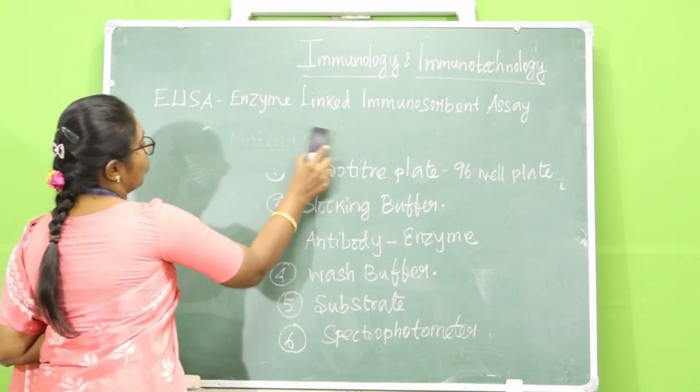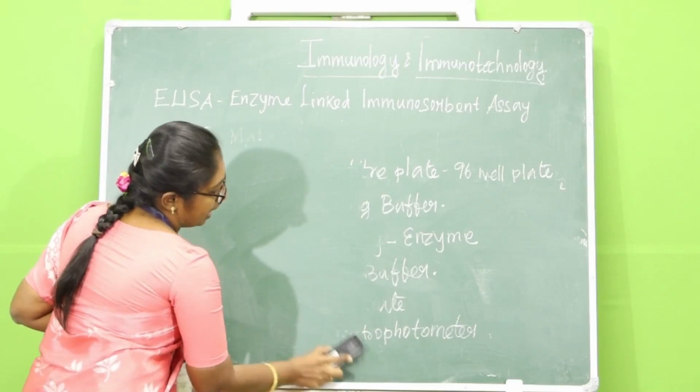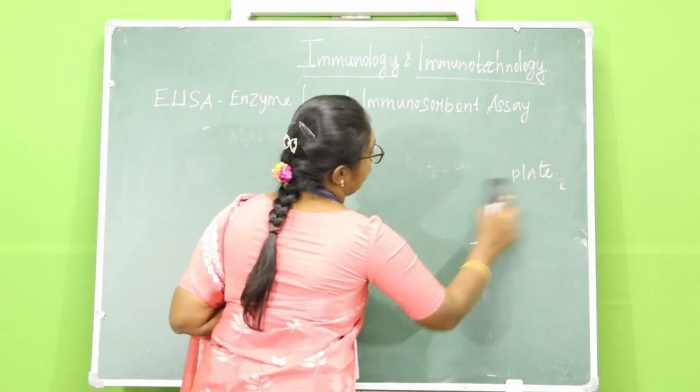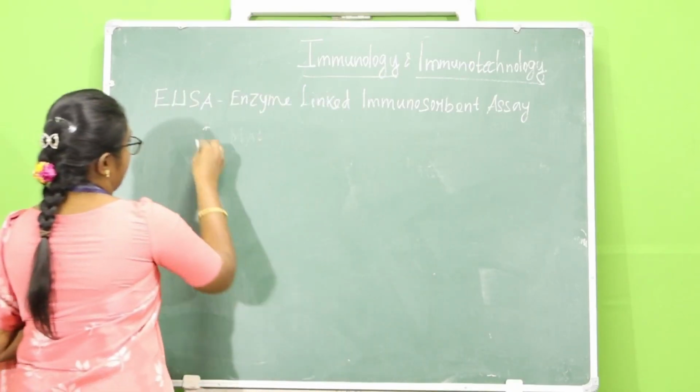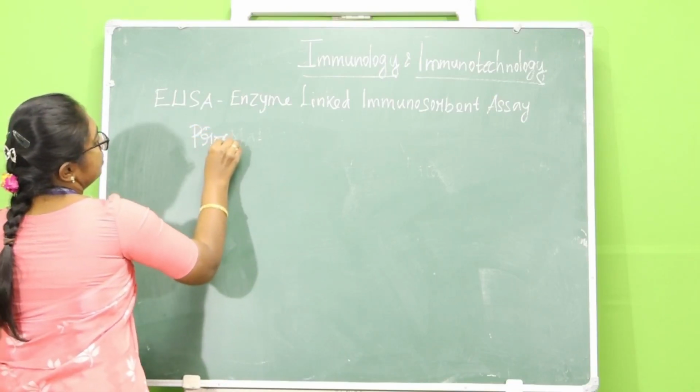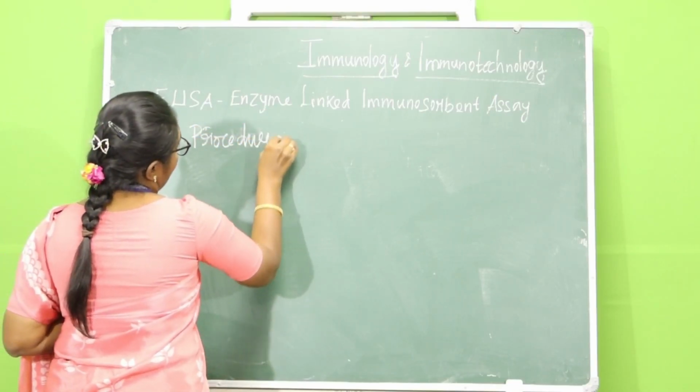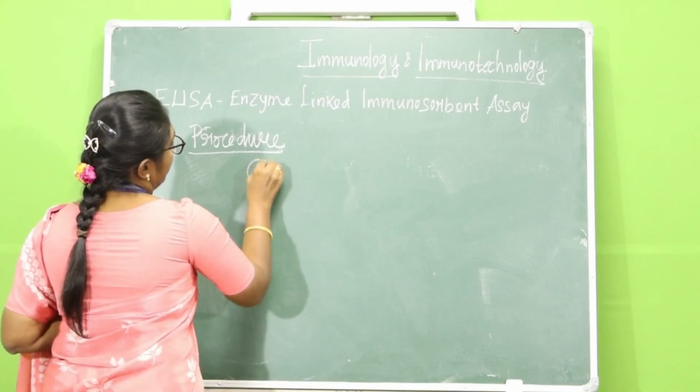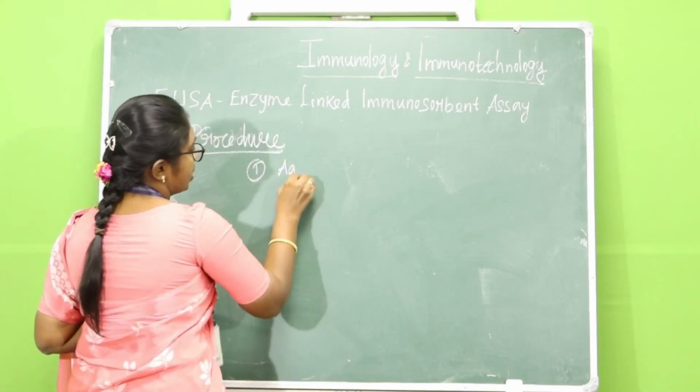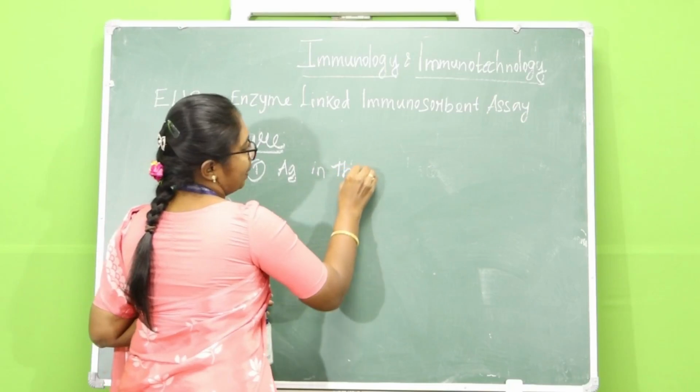Now we will see the procedure in ELISA. What is the common procedure we follow to perform ELISA? First, we coat the antigen in the microtiter plate.